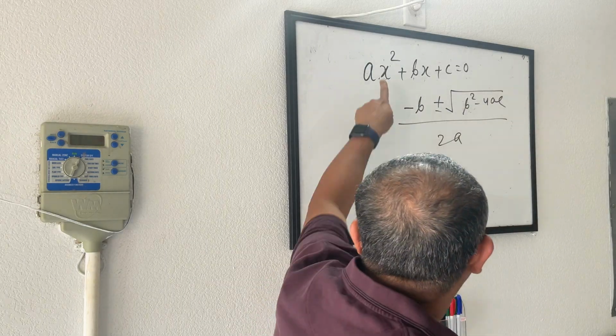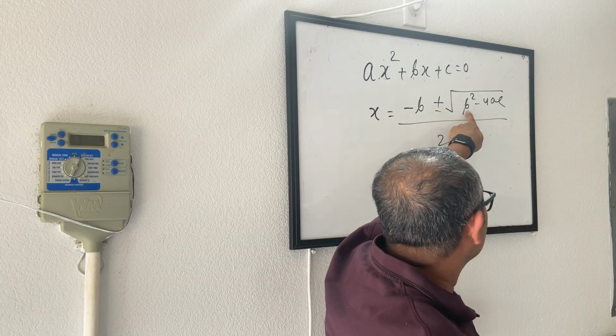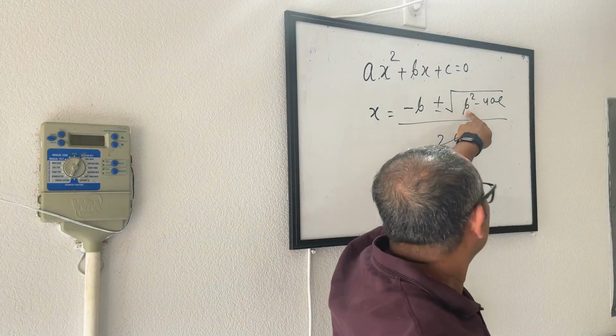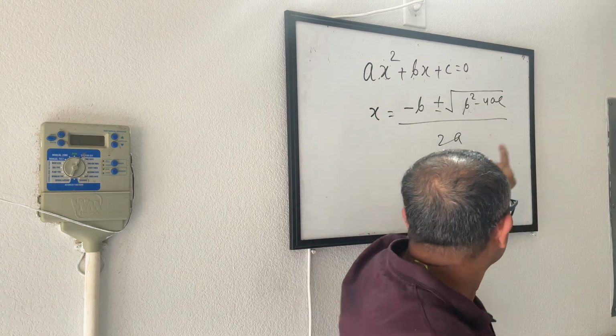Meaning, get the value of b, plug in here. You've got the value of b already, so plug in here as well. Get the value of a, plug in here. Get the value of c, plug in here.